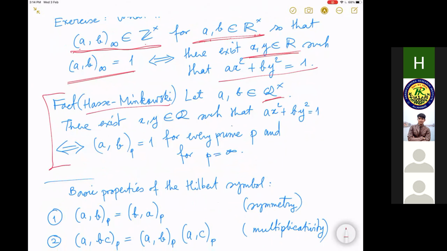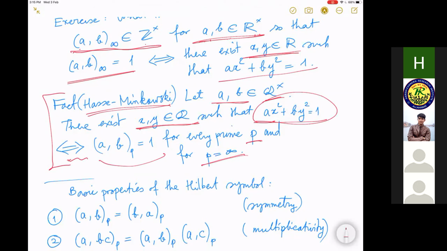It says that if I have two rational numbers a and b, which are non-zero, and I'm interested in solving the equation ax squared plus by squared equals 1 in Q, so I want to find x and y in Q which satisfy this equation, the result of Hasse and Minkowski says that this happens if and only if the Hilbert symbol is equal to 1 for every prime p and for p equal to infinity.